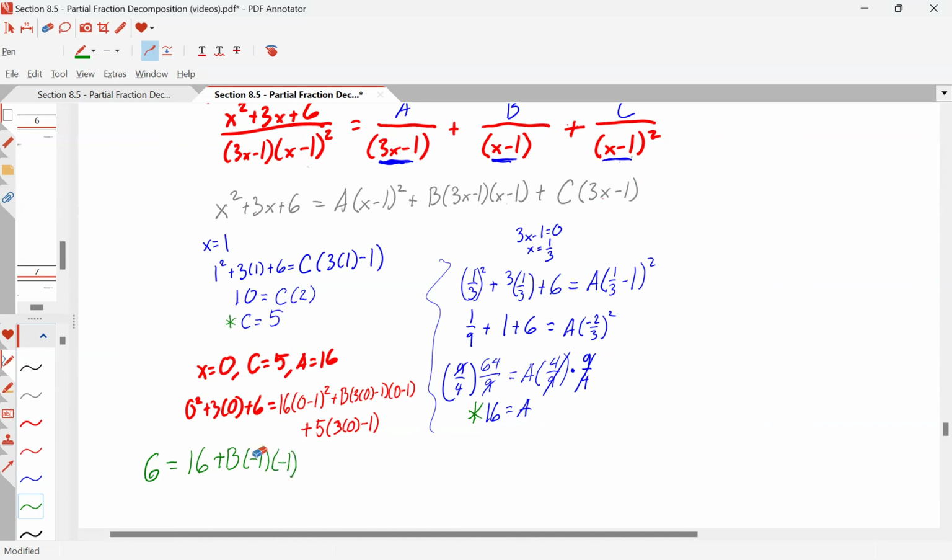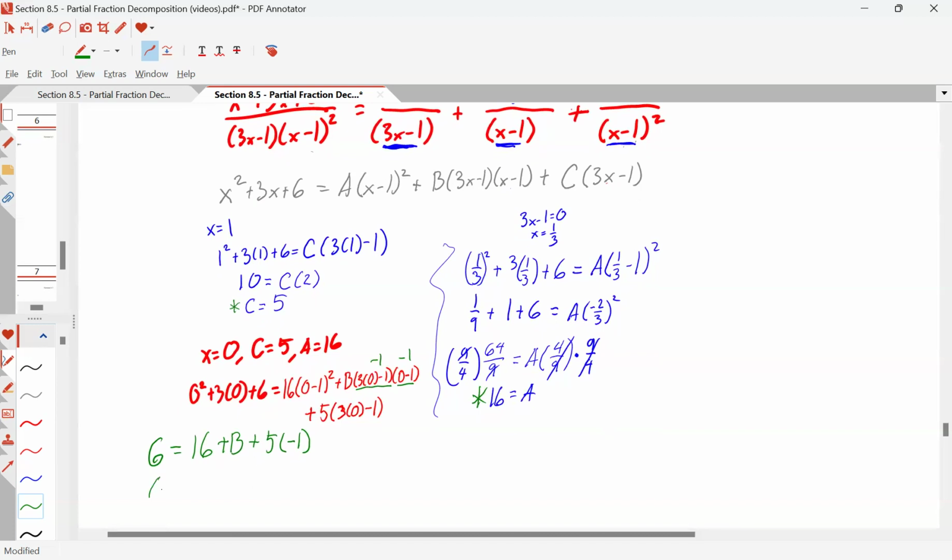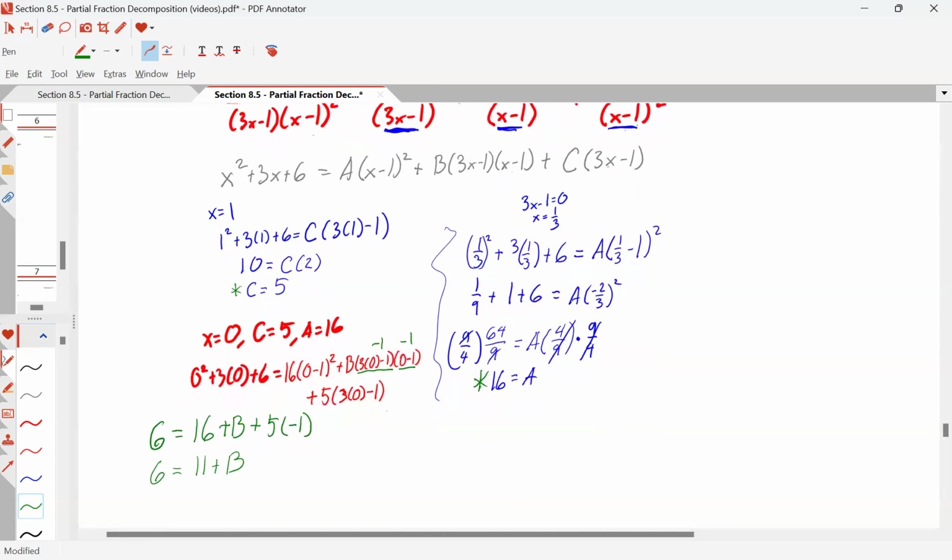Negative 1 times negative 1 is just 1, so they cancel each other in that multiplication. And then the last part, we have plus 5 times 3 times 0 minus 1, which is 5 times negative 1. Giving us the equation 6 equals 11 plus b, or b equals negative 5.